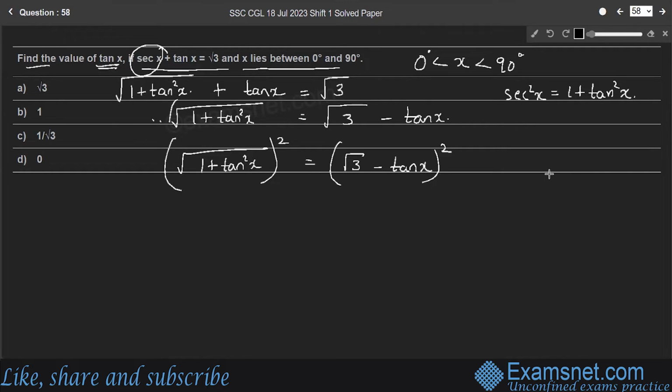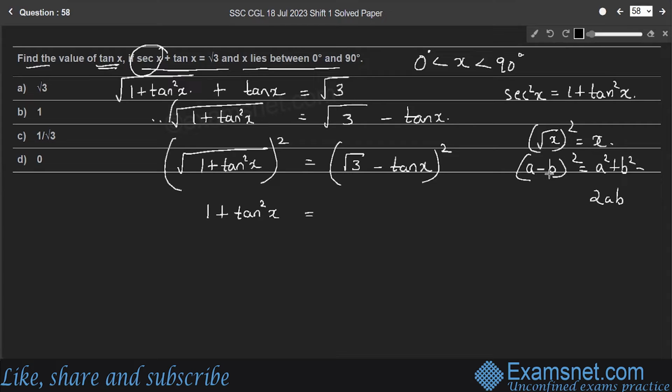Here LHS is the root of a number, its whole square is equal to the number itself. Therefore, LHS becomes 1 plus tan square x, and RHS is in the form of a minus b the whole square, which is a square plus b square minus 2ab. Apply the same formula here.